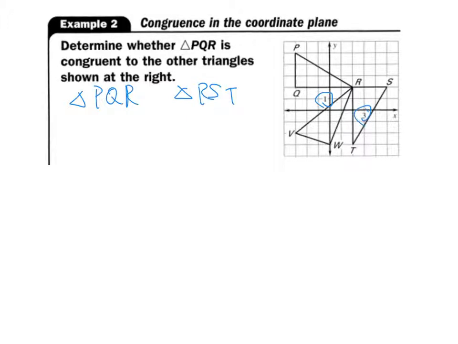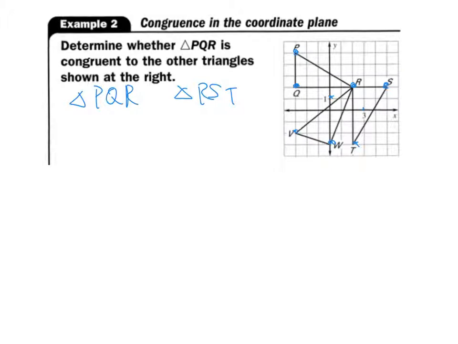This point is 3, this point on the y-axis is 1. If we start counting, we can find all the coordinates of the vertices. If you find the coordinates, you can use the distance formula to calculate the distances and see if they're congruent. That's one way of doing it.